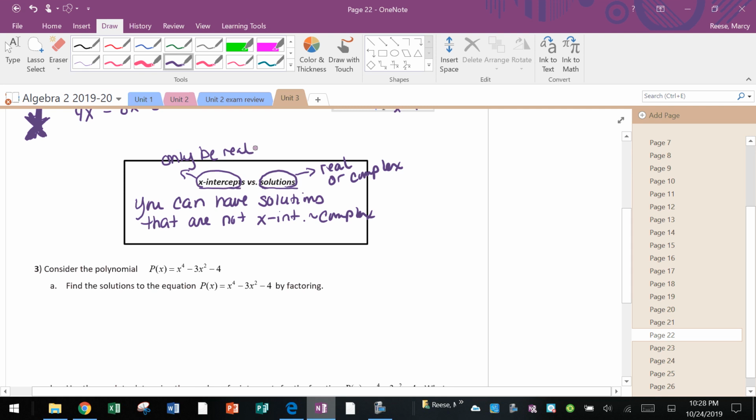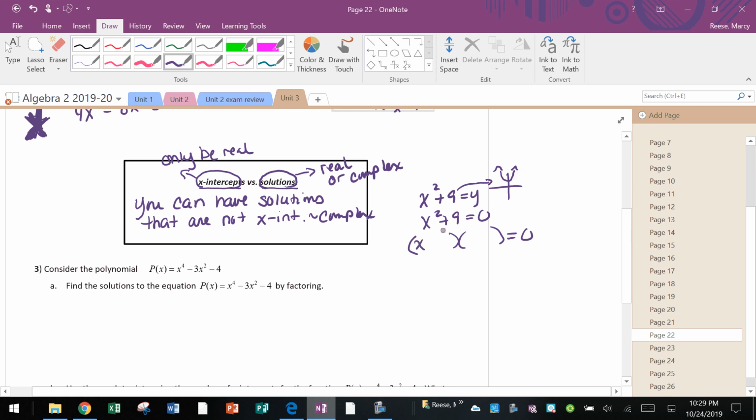So, for example, I can't resist, I got to put it up here. If I had x squared plus 9, right? And I were to look at that on a graph, it would look like that, right? It has a y-intercept of 9, it never touches the x-axis. But if I were to set it equal to 0 and factor, now remember, we did this last unit. This is where you factor where there is an imaginary.